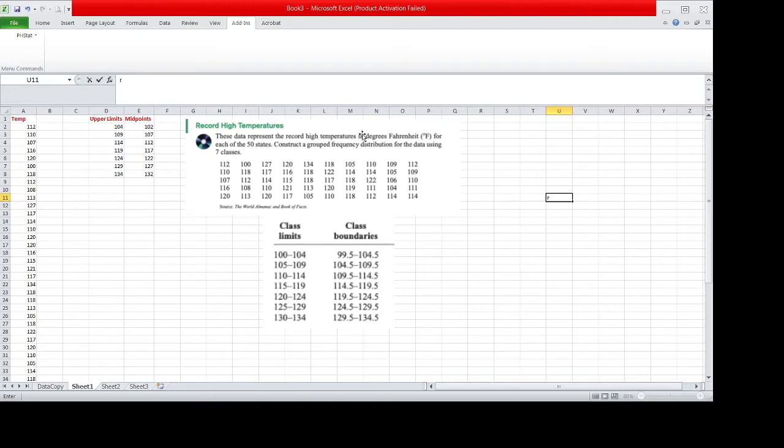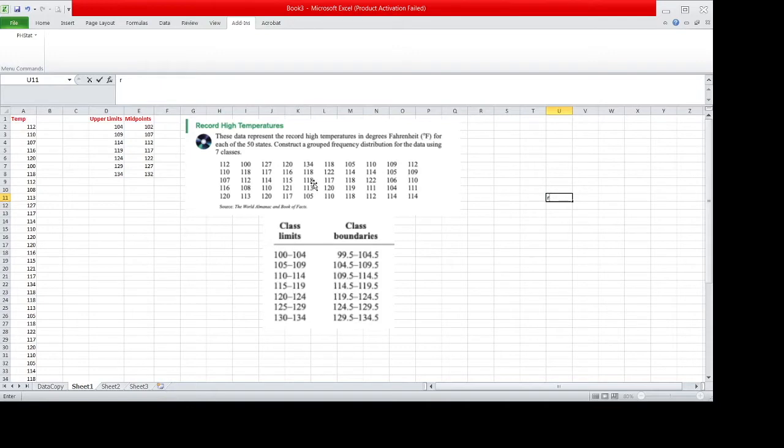So in constructing a group frequency distribution table using 7 classes, we start with the range. The range is equal to the difference between the highest value in the data set and the lowest value in the data set.